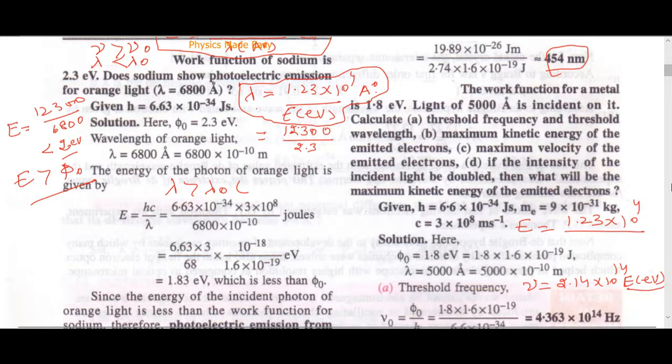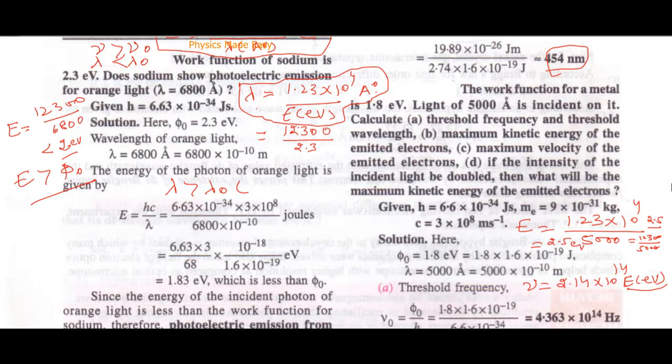You just fill in lambda in angstrom, which is 5000. From here you can calculate the energy. This comes out to be 12,300 divided by 5000, and from here you can get about 2.5. About 2.5 electron volt is the energy of the incident photon.